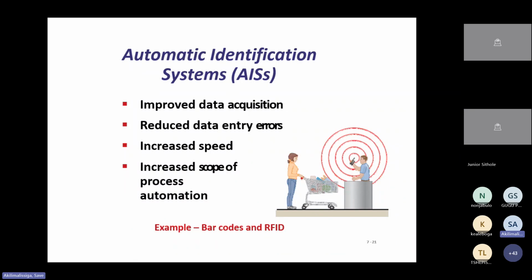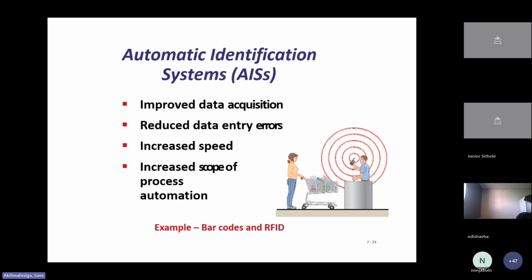The same also applies when the product needs to leave the warehouse, probably to the production environment, or the production facility. The same automatic identification system is also used in order to identify the product or the items that are going to be released to the production facility.